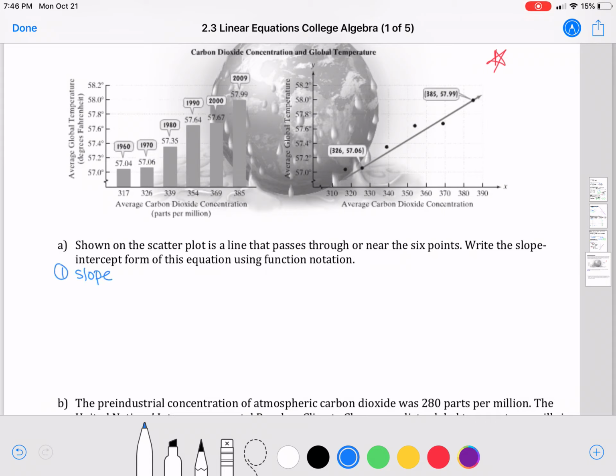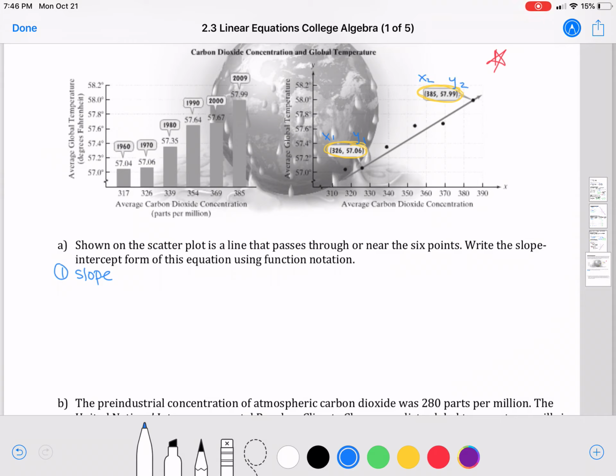Okay, and we're going to use the 2 points that it has highlighted for us on the graph, the 326, 57.06 and 385, 57.99. So this is going to be x1, y1, and x2, y2.